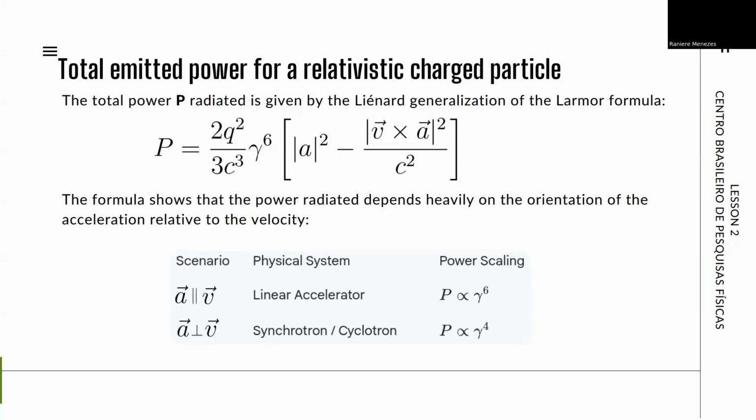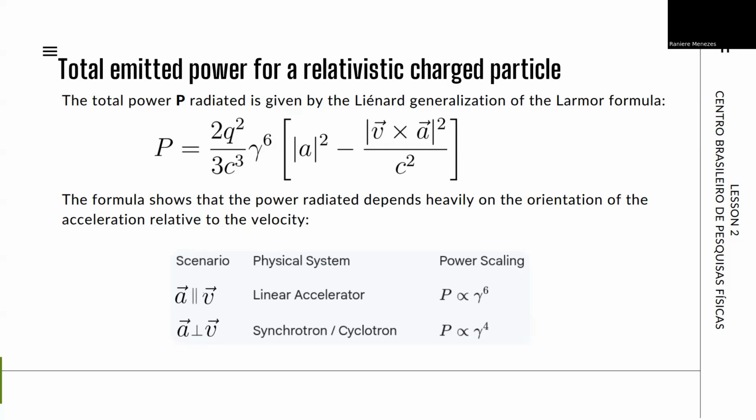And this piece here is just the relativistic acceleration. And the formula shows that the power radiated depends on the orientation of the particle movement with respect to the acceleration. So we have here two scenarios.